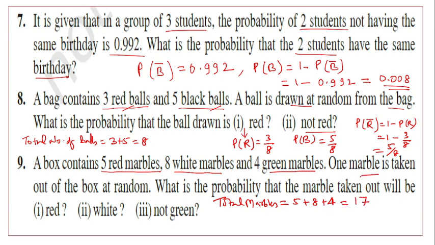One marble is taken out of the box at random. What is the probability that the marble taken out will be red? How many red marbles are there? 5.